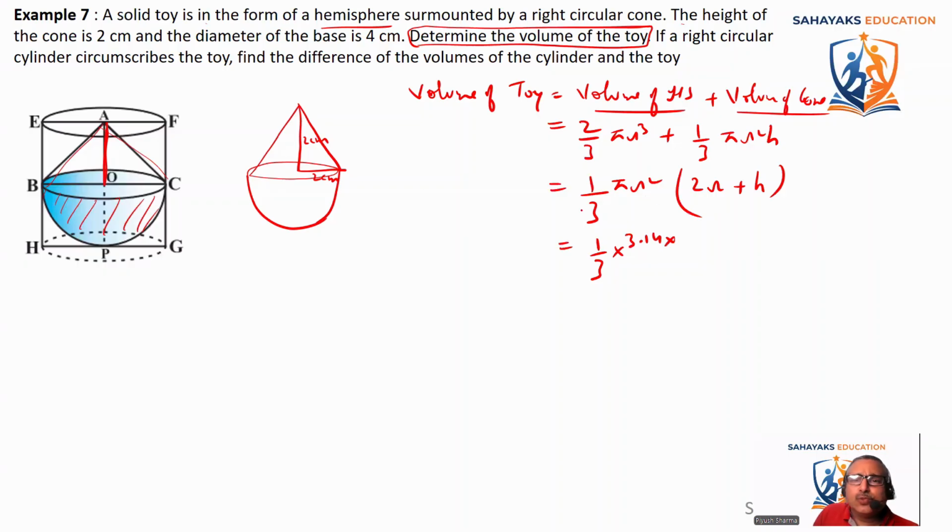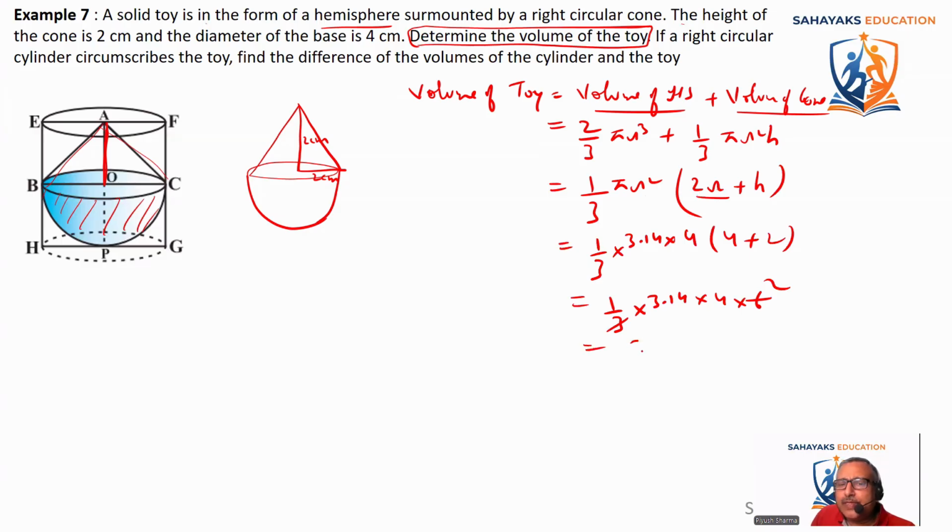Radius is 2, so 2 into 2 is 4. Plus height, which is the same, 2 centimeters. So it becomes 1 by 3 into 3.14 into 4 into 6. So 3 2s are 6.